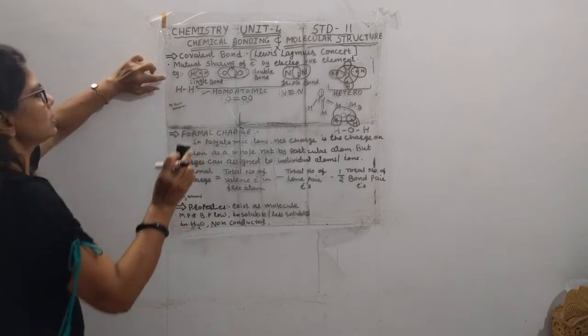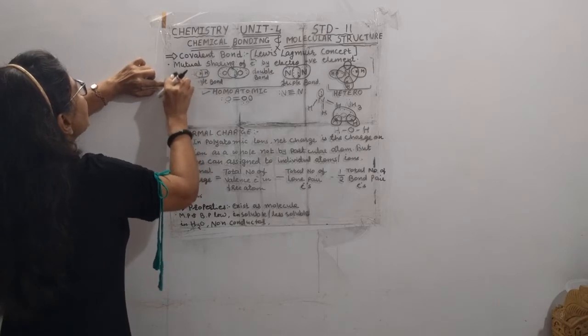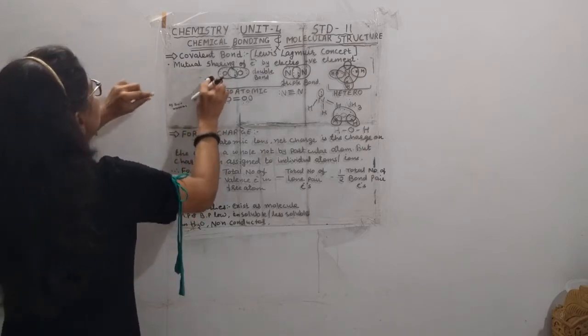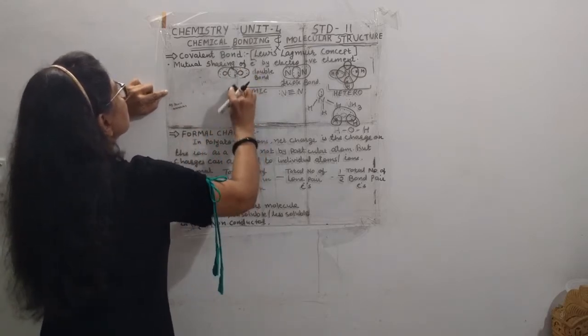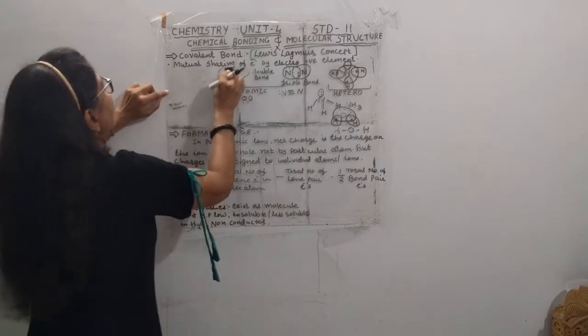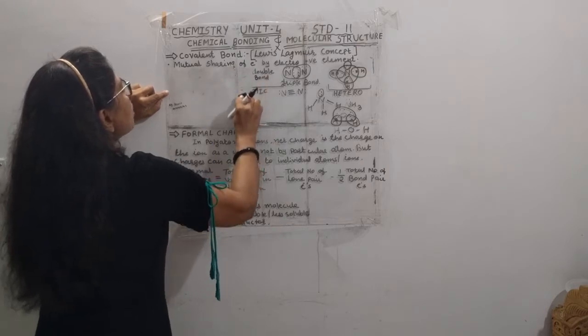Now you understand this about the covalent bond. Some example of Lewis dot structure I am showing you. After completion of this topic, student, we are just going with the definitions. What is bond length?